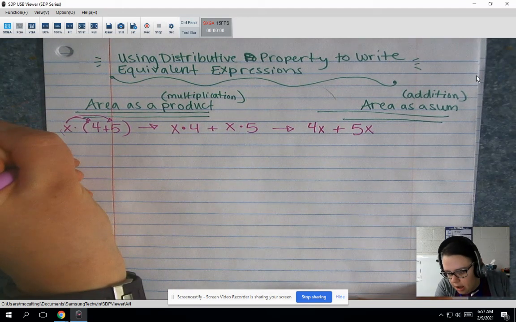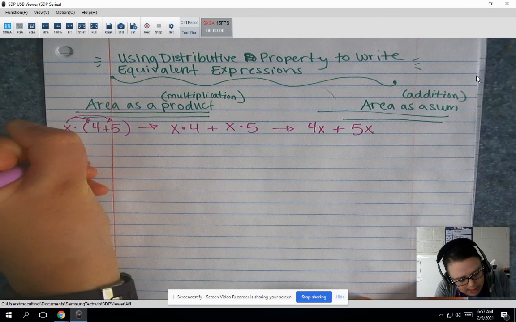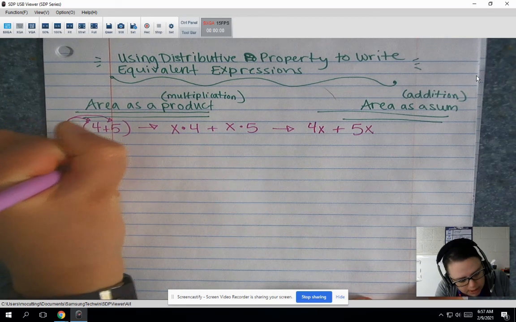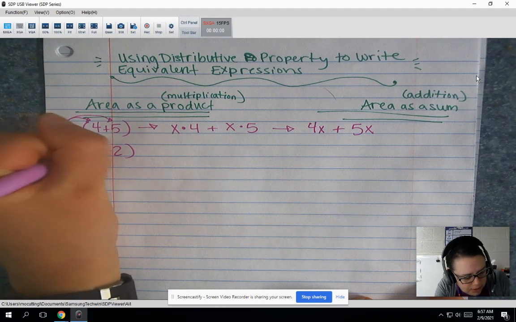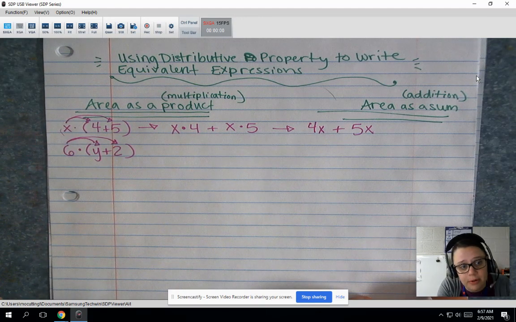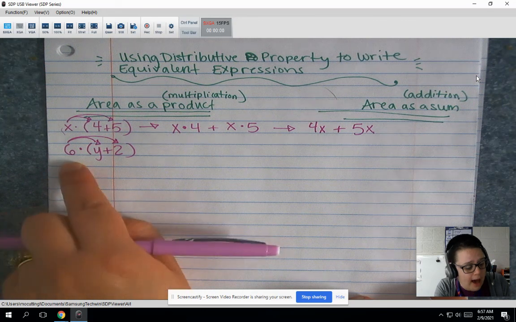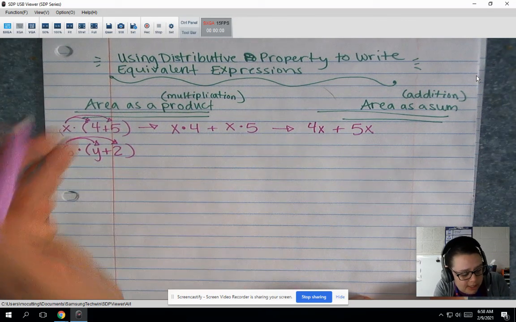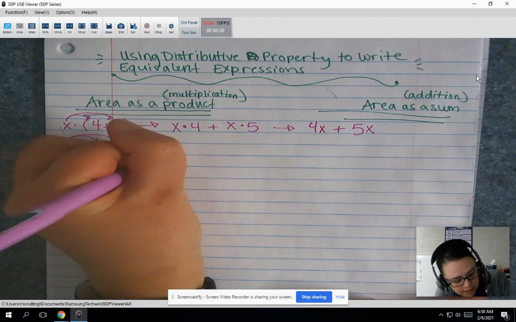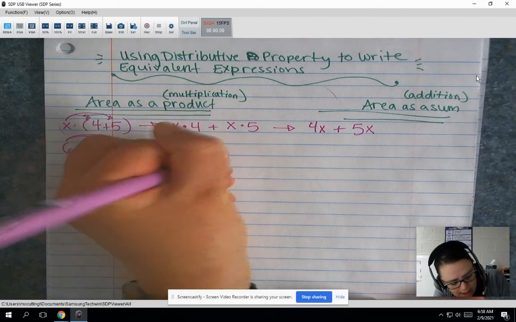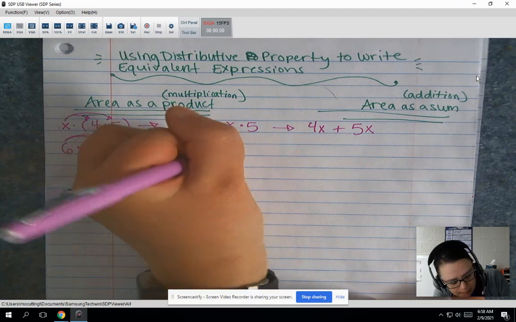All right, 6 times y plus 2. Distributive property says I can pass out this 6 with the times sign, break it free of the parentheses jail if I multiply it by both of these things inside the parentheses. So I'm going to write it with my times sign first. 6 times y plus 6 times 2.